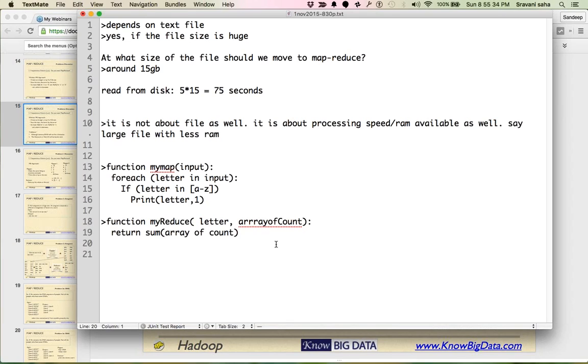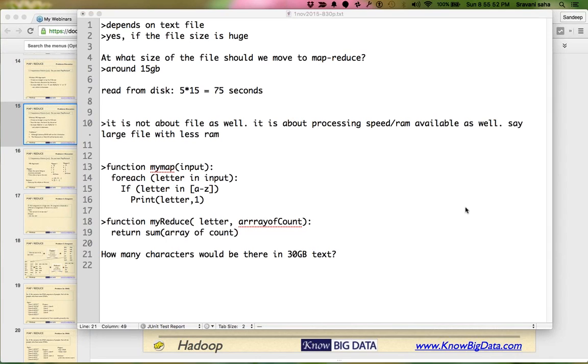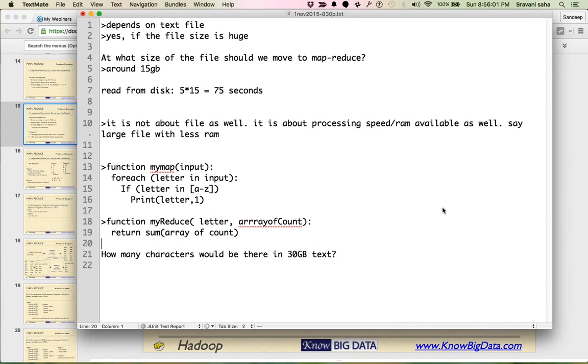Can somebody tell me how many characters will be there in a 30 GB text? 30 into 10 to the power 9.